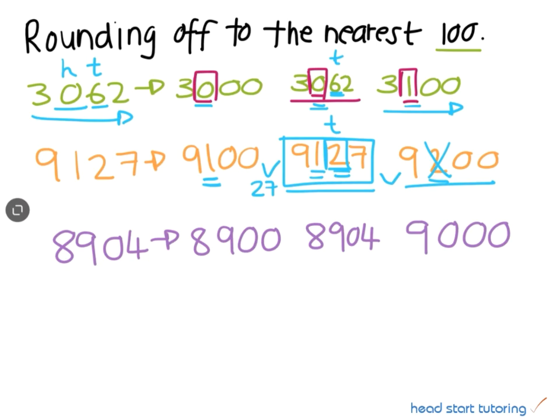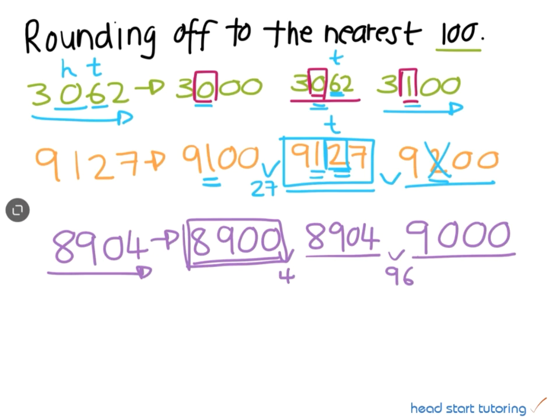So we can see already that 8,904 is much closer to 8,900 than it is to 9,000. So therefore, because there's only a difference of 4 here, and there would therefore be a difference of 96 here, rounding the number 8,904 off to the nearest 100 will give us an answer of 8,900.